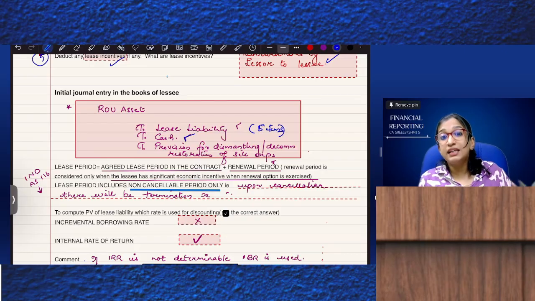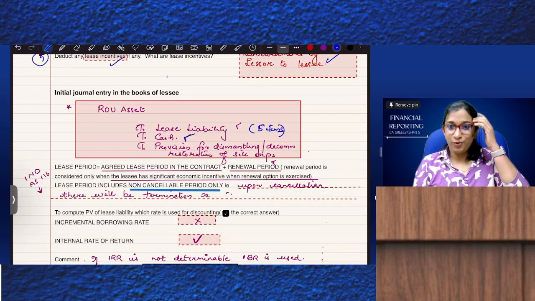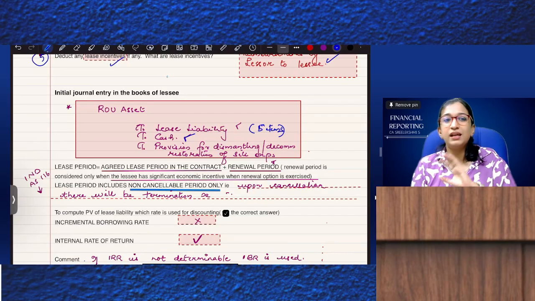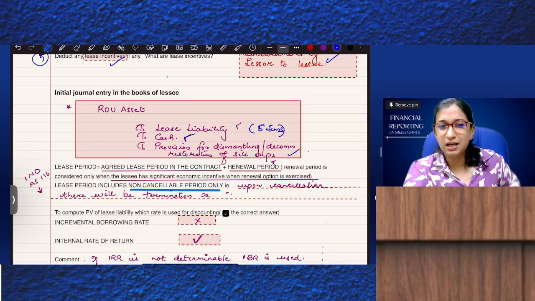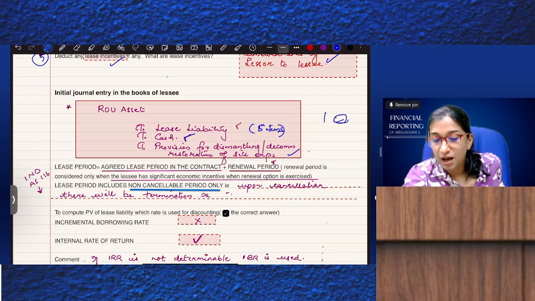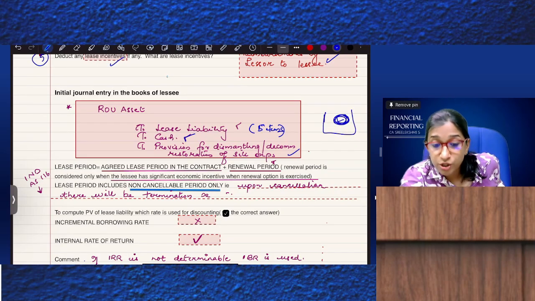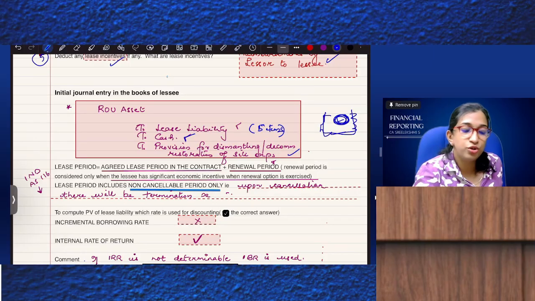Or if there is an initial direct cost incurred, some expenses you incurred for the asset, then it is to be added to the ROU asset. It is not lease liability, it is ROU asset. Then there will be provision for dismantling, decommissioning, restoration of site expenses. If you have taken a building on lease and you constructed a compound wall which you need to dismantle after 2 years and restore the site, then the provision for dismantling also will be added.